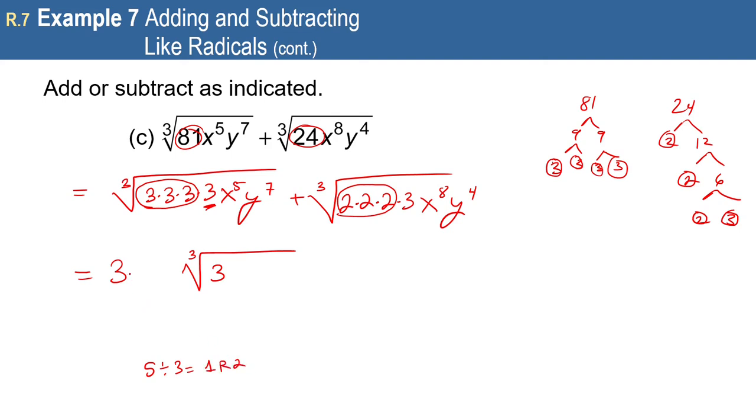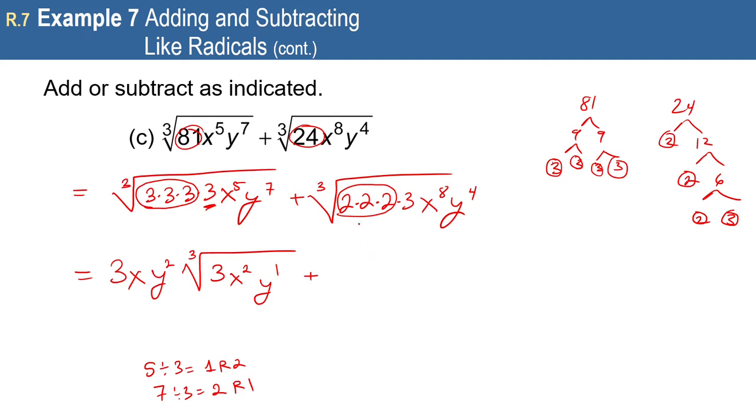I have x to the first on the outside, x squared on the inside. 7 divided by 3 is 2, remainder 1. We have y squared in the front. We have 2 groups of 3 with a remainder of 1 on the inside.